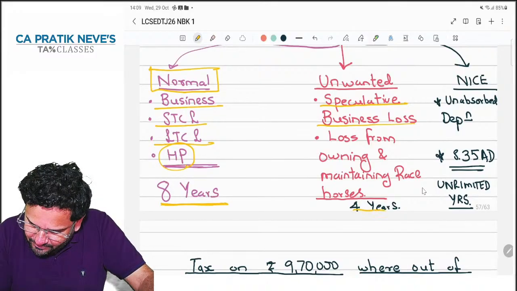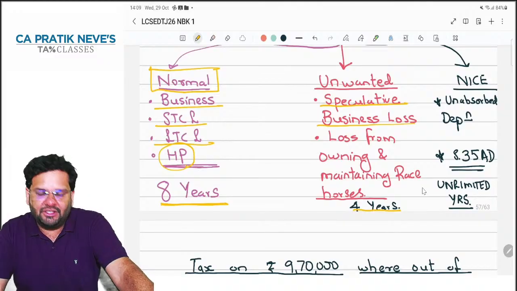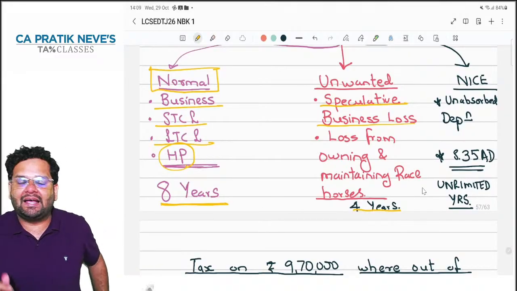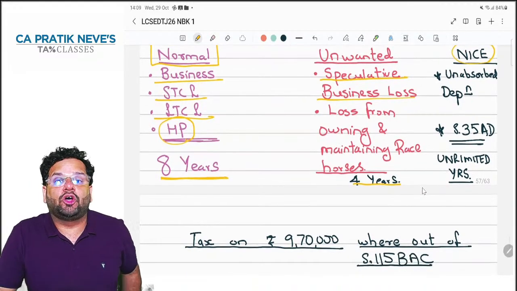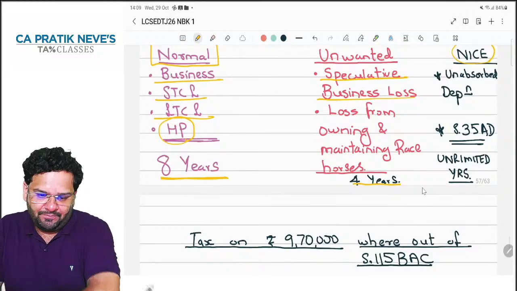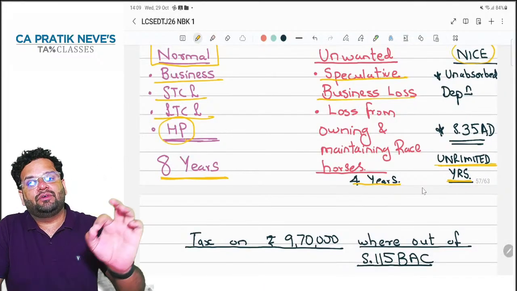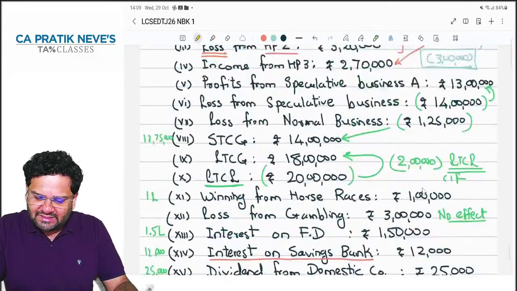And then loss from owning and maintaining racehorses, these two can be carried forward for 4 years. And lastly, unabsorbed depreciation and loss of specified business, they can be carried forward for unlimited number of years. Clear?